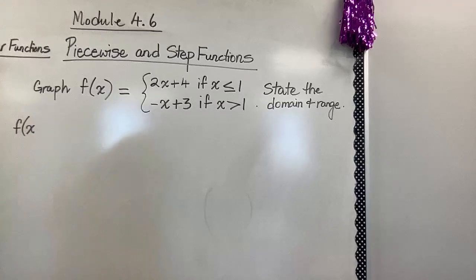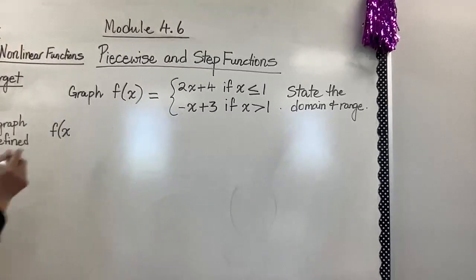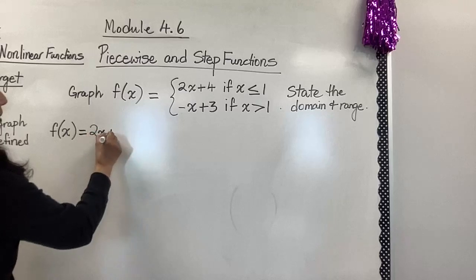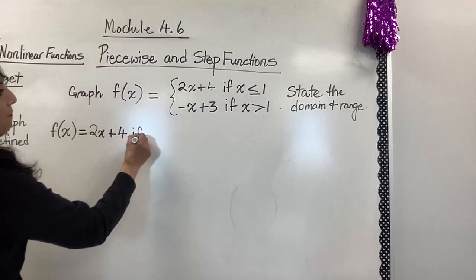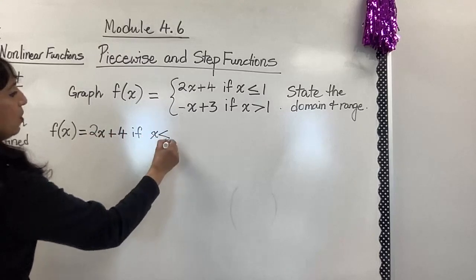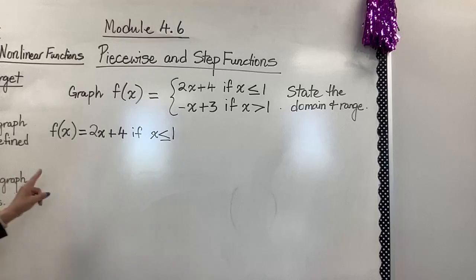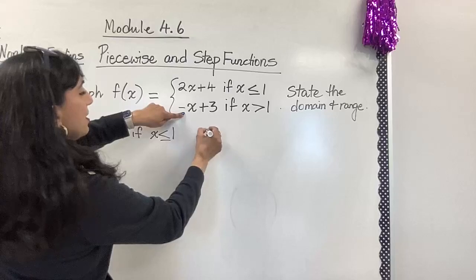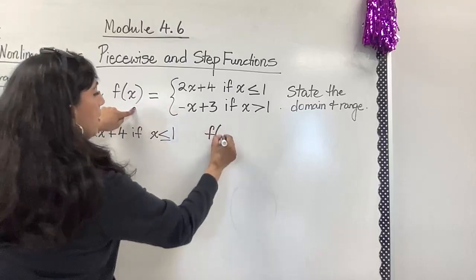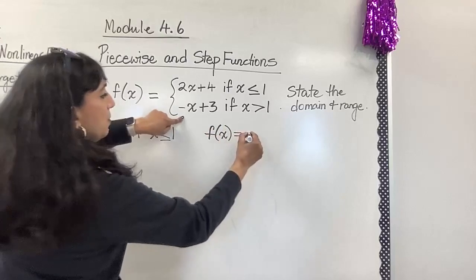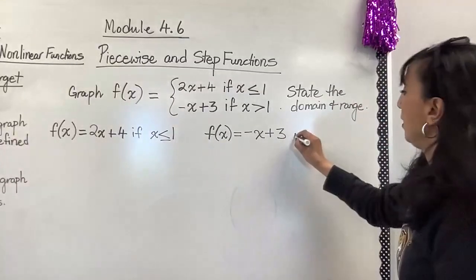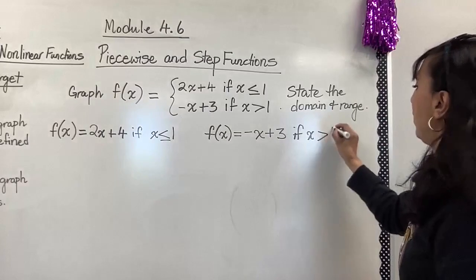So this is going to be one table, and then I am going to have another table for this one. And this tells me that f of x is equal to negative x plus 3 if x is greater than 1.